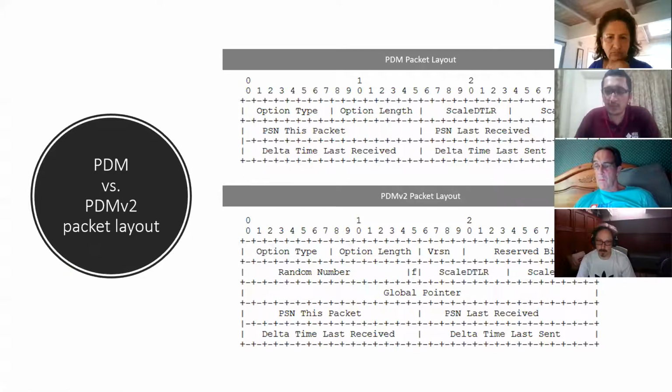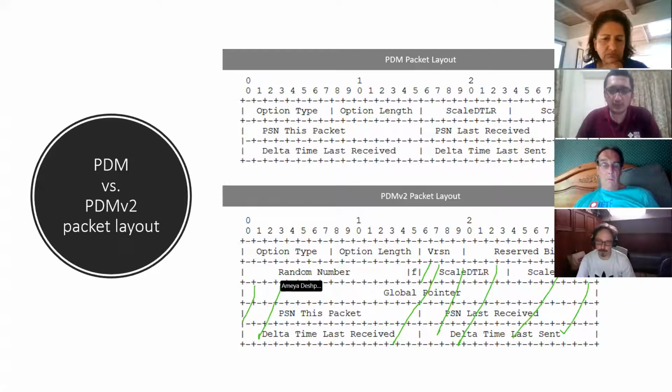So when we encrypt this packet, basically we have this entire part encrypted. The random number and flip bit are not encrypted. So this is the encrypted part. And when we encrypt this packet, our option length will change. It will increase as we encrypt the packet.